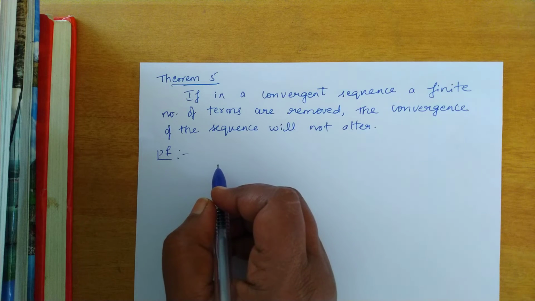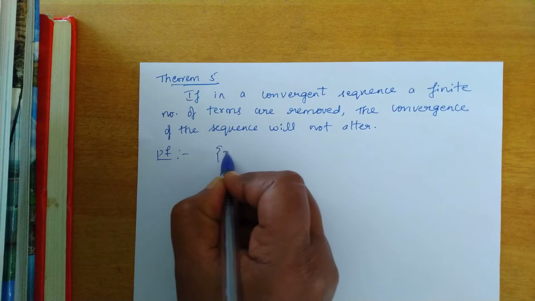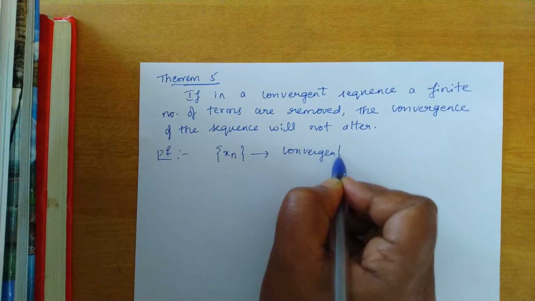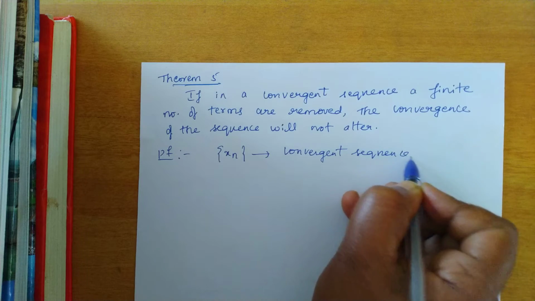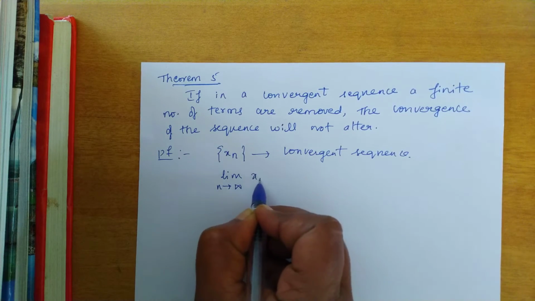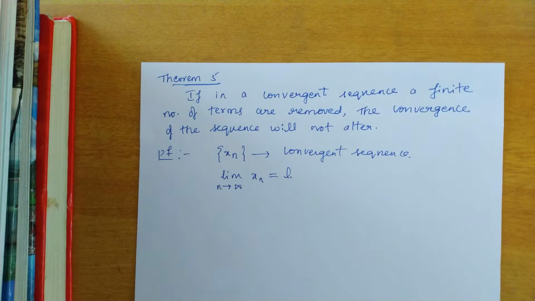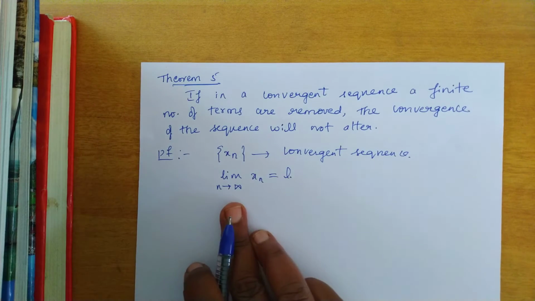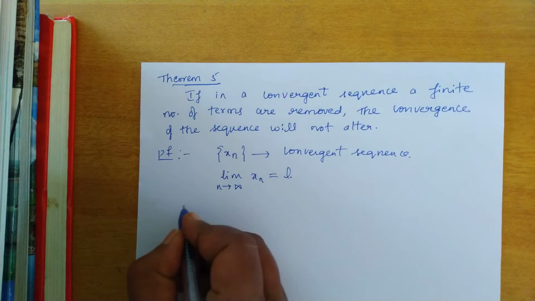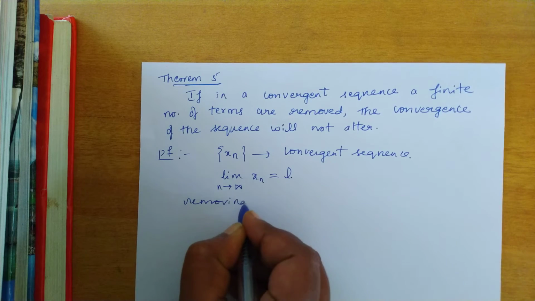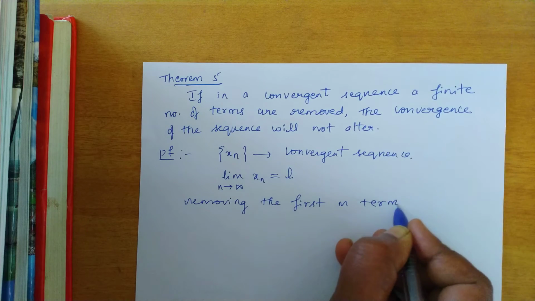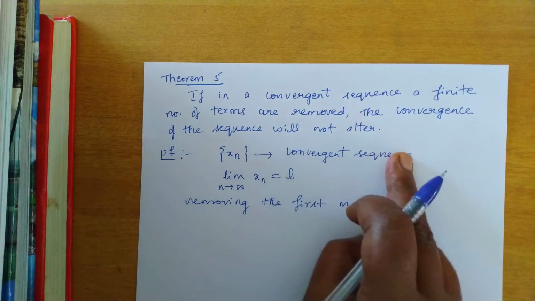Let's start this proof by first considering the convergent sequence. This xn is a convergent sequence. For a convergent sequence, we know the definition: the limit as n tends to infinity of xn is L. Now let me remove the first m terms from this sequence.